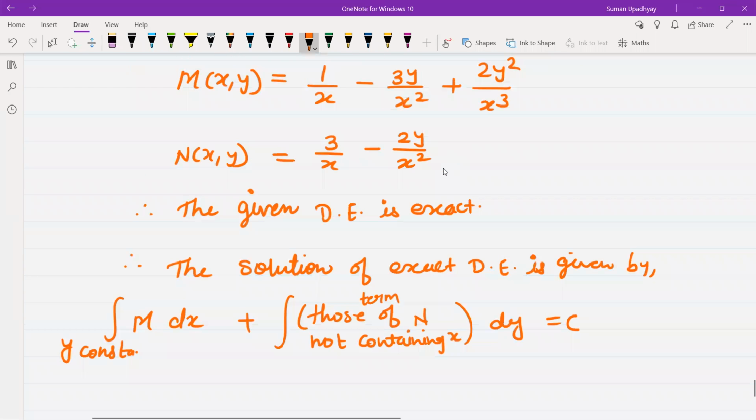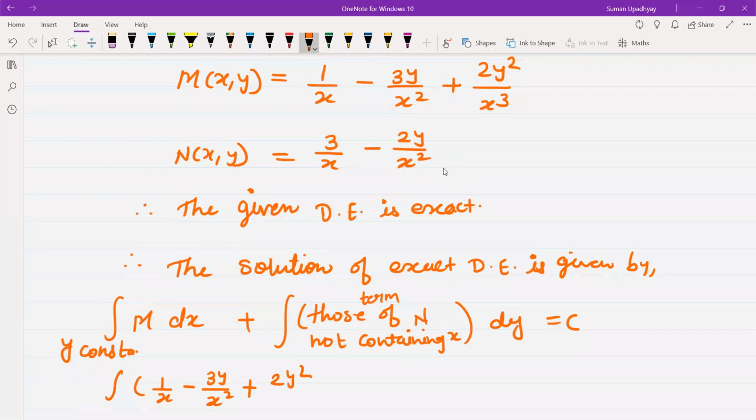So tell me what M you have got over here. So write down that M. So M I have got over here as 1 upon x minus 3y upon x square plus 2y square upon x cube dx plus, tell me which term you will write in the second integration. Only those terms of N not containing x. So what is going to come in? Nothing will come, so 0.